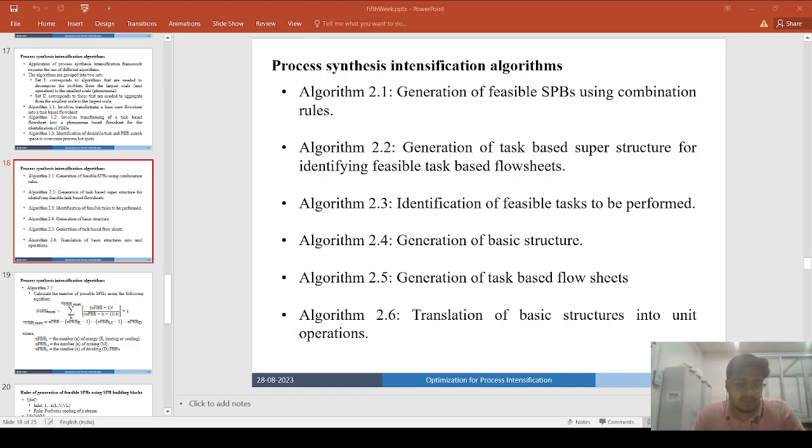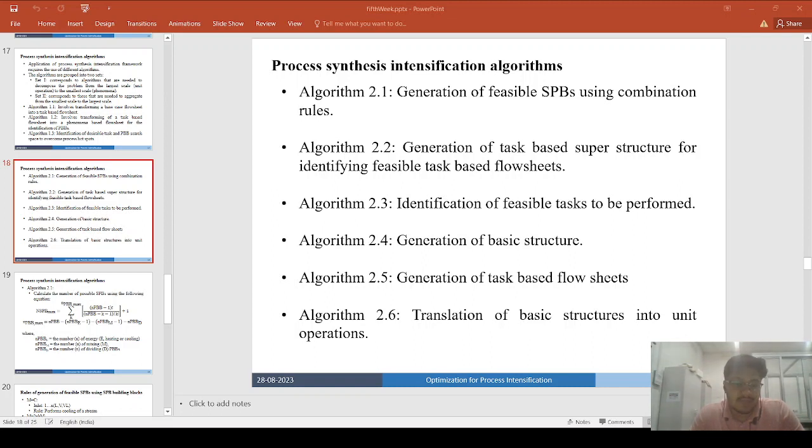In sub-algorithm 2.3, the feasibility of the identified tasks is checked through mixture property analysis.